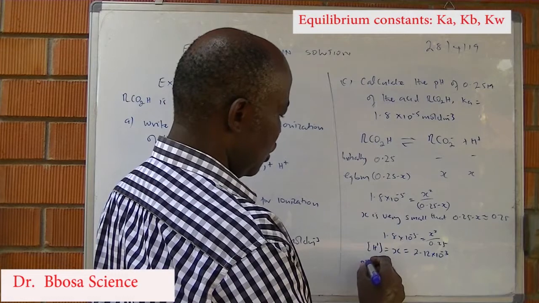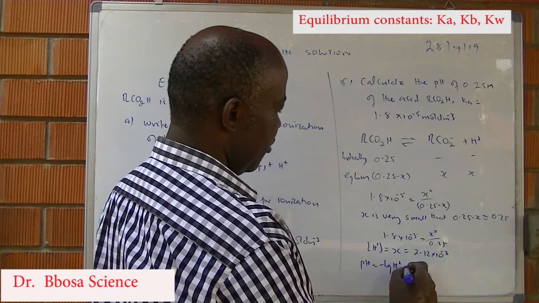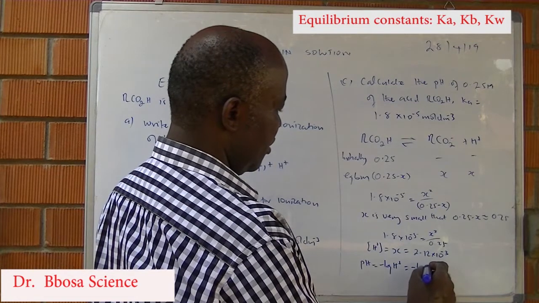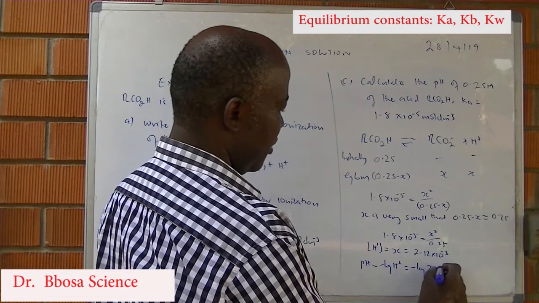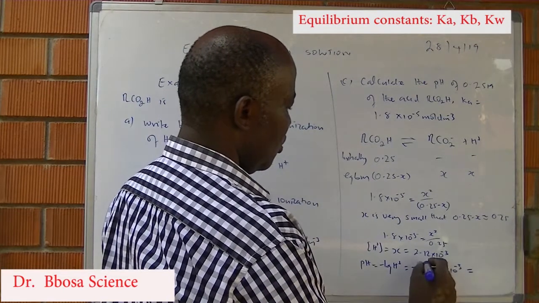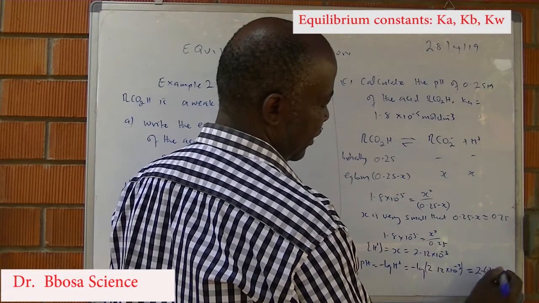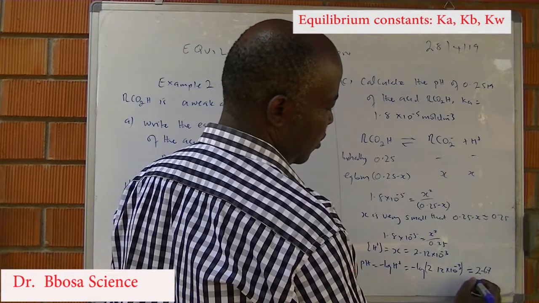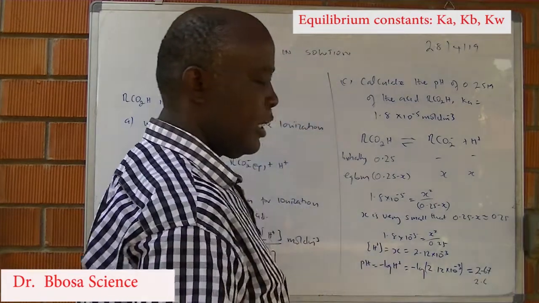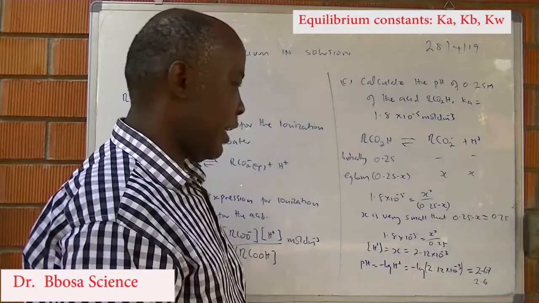Therefore, pH is equal to negative log hydrogen ion concentration is equal to negative log 2.12 times 10 to the power negative 3, which is equal to 2.67 or 2.6. In the logs, we don't round off, we just truncate.